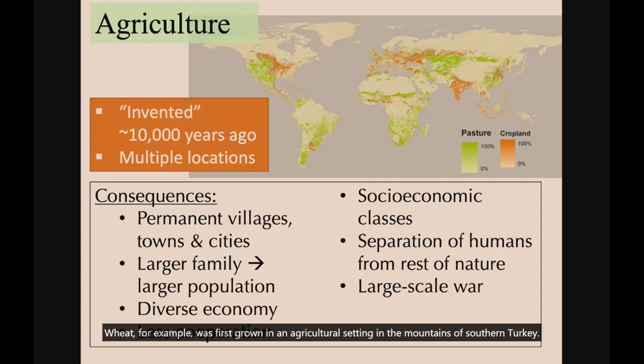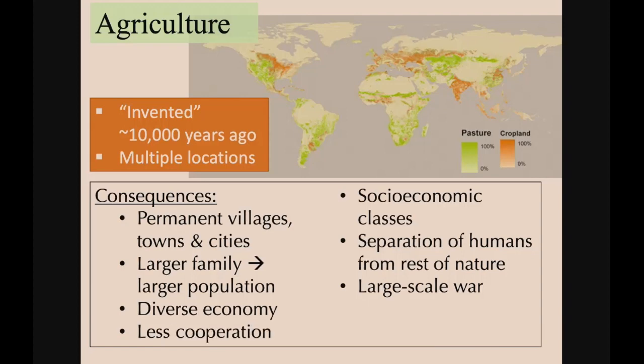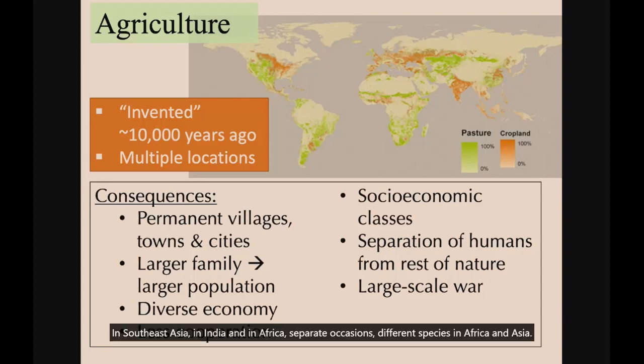Wheat, for example, was first grown in an agricultural setting in the mountains of southern Turkey about 10,000 years ago. Rice was invented as an agricultural product in Southeast Asia, in India, and in Africa, on separate occasions, with different species in Africa and Asia. So why is agriculture important? It fundamentally changed human history.